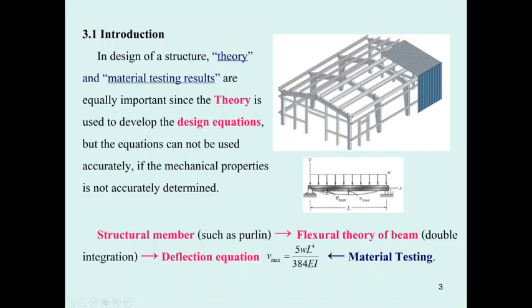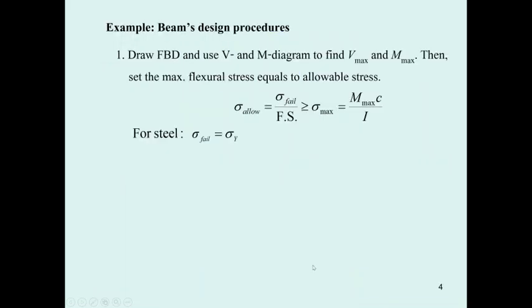Under the load, you use the double integration, and then you will receive the deflection equation for Vmax that I mentioned. W is 10 kilonewton per meter, L is 4 meter, I you get from the design, and E you must test. This is the detail of what I've said.